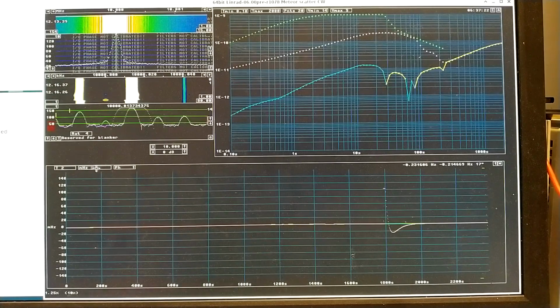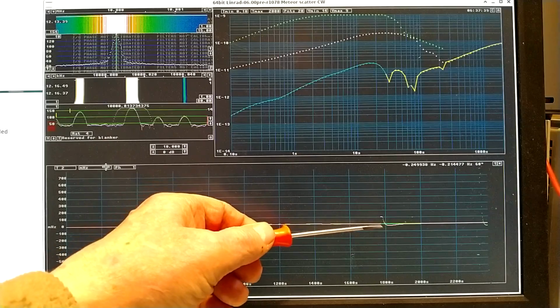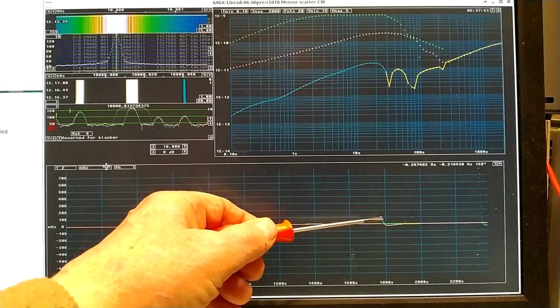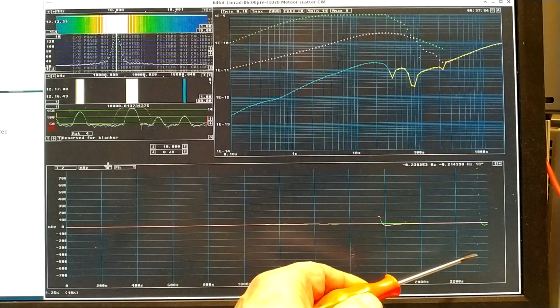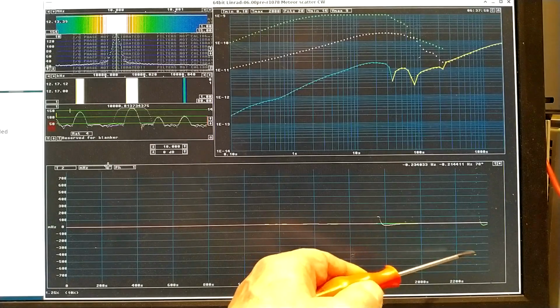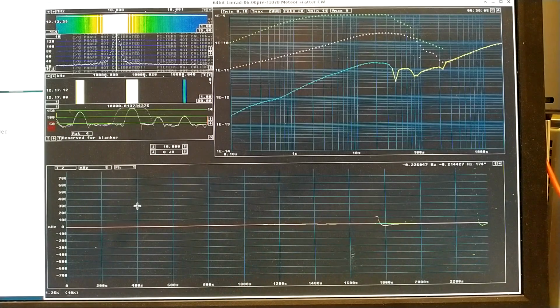Well, here I can see that the channel 2 frequency jump was about 100 millihertz, while the channel 1 is 450 millihertz. So the sensitivity is very different.